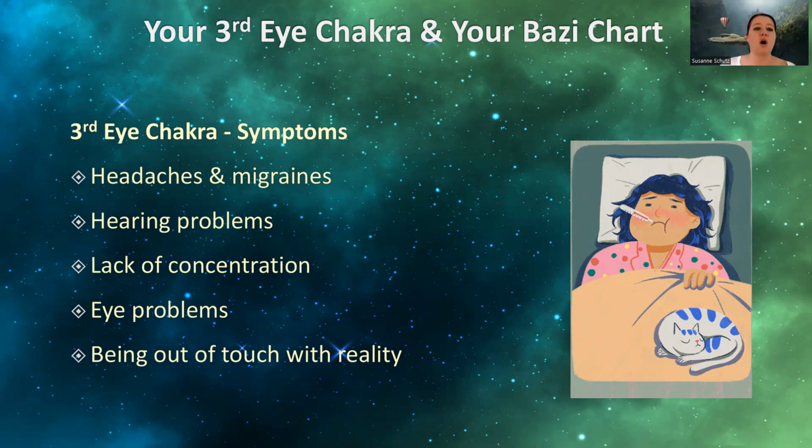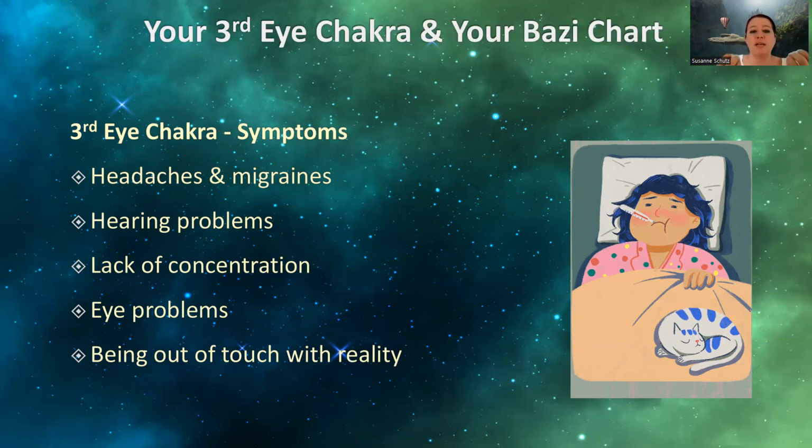Hearing problems are also often a symptom of this type of block, because anything that has to do with your ability to perceive information or hear information, process information, think about information, all of these aspects are affected by this type of block. Eye problems as well. You're not really able to see, whether that is metaphorically or actual physically.